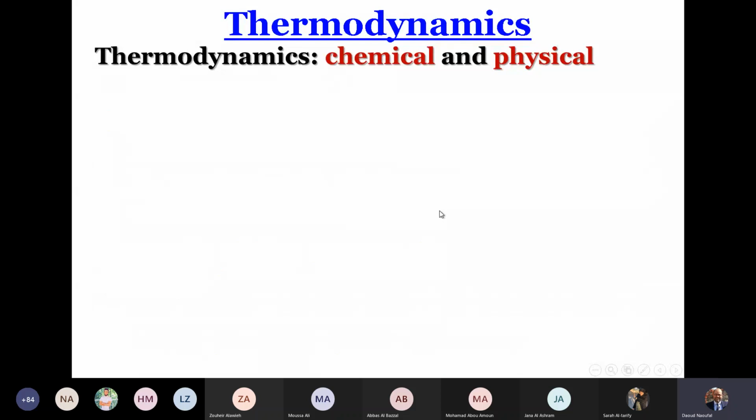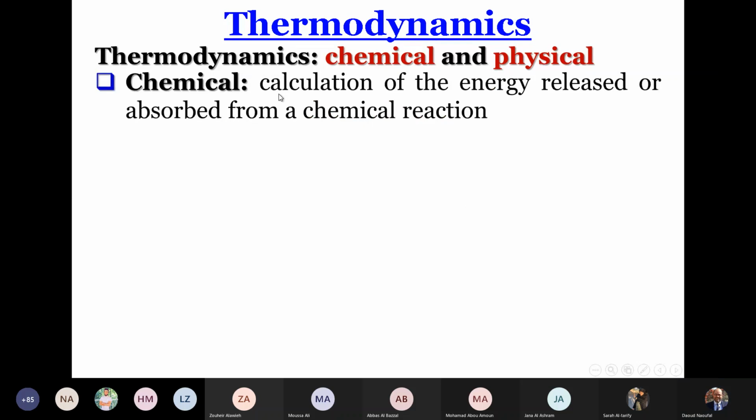We have two types of transformations: the chemical and the physical. In the chemical transformation, we have reactants that are transformed to products.